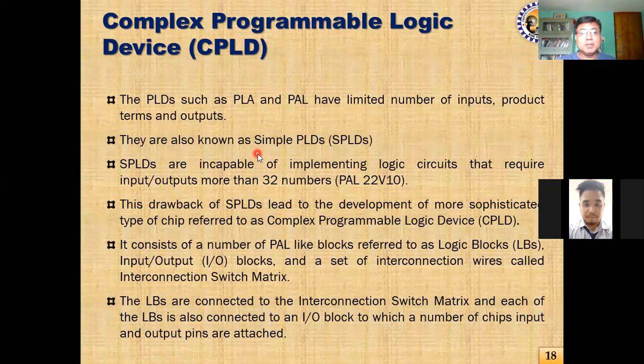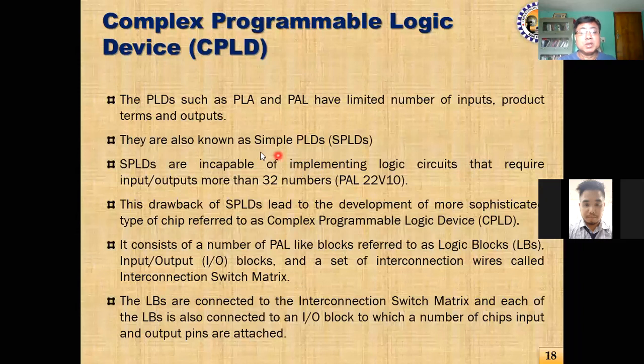We may require a large number of inputs, a large number of outputs, including a large number of product terms. The PLDs that are generally available in the market are called simple PLDs or SPLDs.